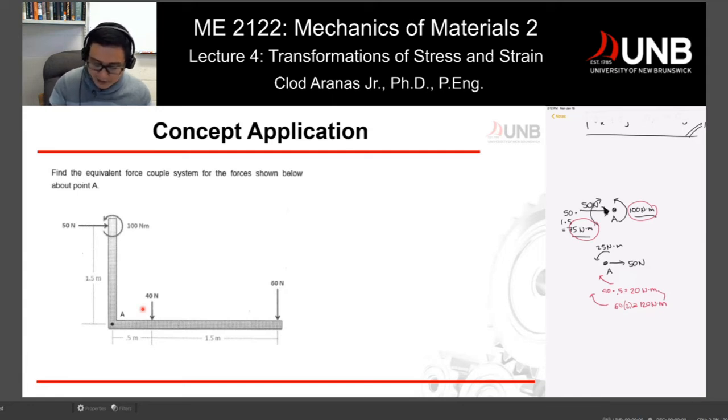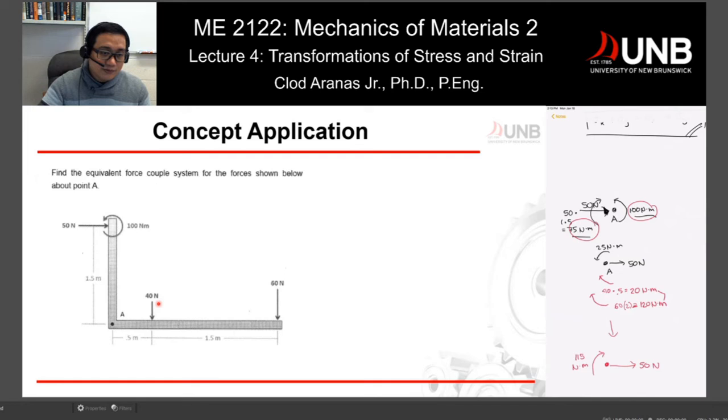So I can have 140, and then if I have a 25, which is in the counterclockwise direction, I will end up with a moment which has a clockwise direction at 115 newton-meters. Or you can call it negative because negative is clockwise for moment, but let's just put it 115 clockwise, and I have my force, which is 50 newtons.